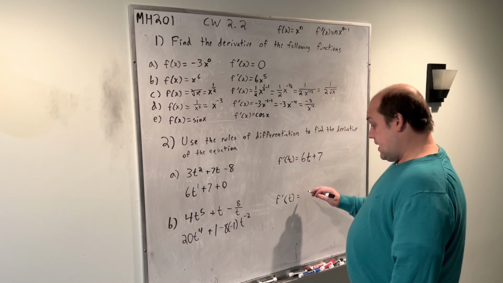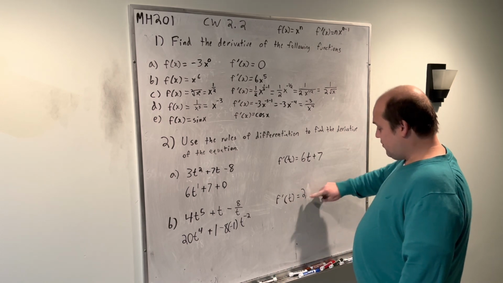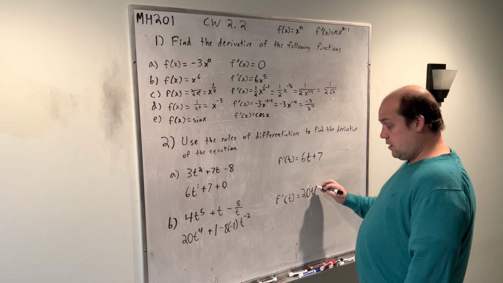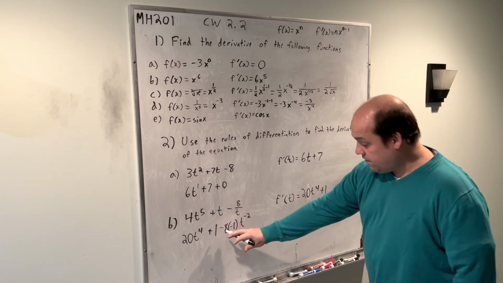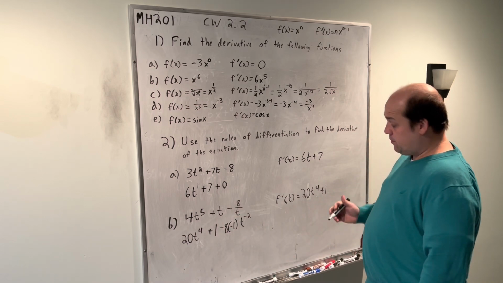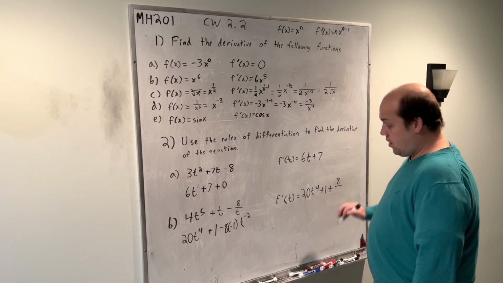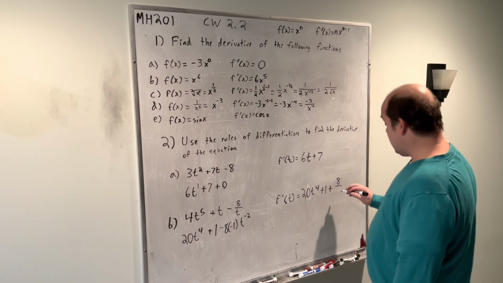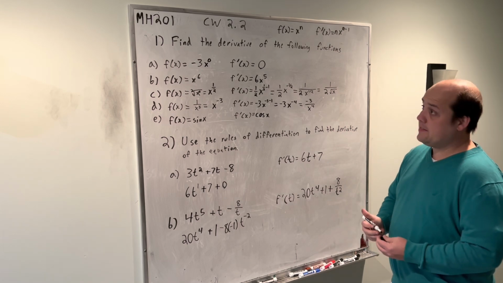So I can write this as 20t to the 4th plus 1. Negative 8 times a negative 1 gives me positive 8, so it's a plus. The 8 is on top, but when I take this t to the negative 2nd to the bottom to make it a positive exponent, it becomes 8 over t to the 2nd.